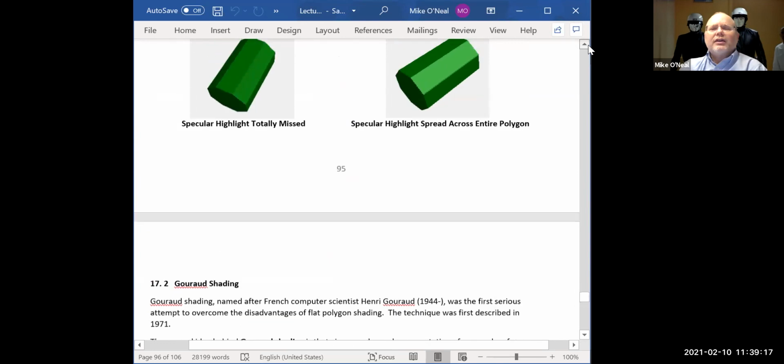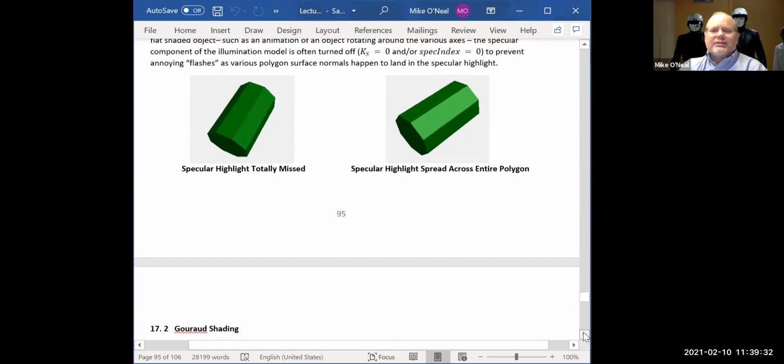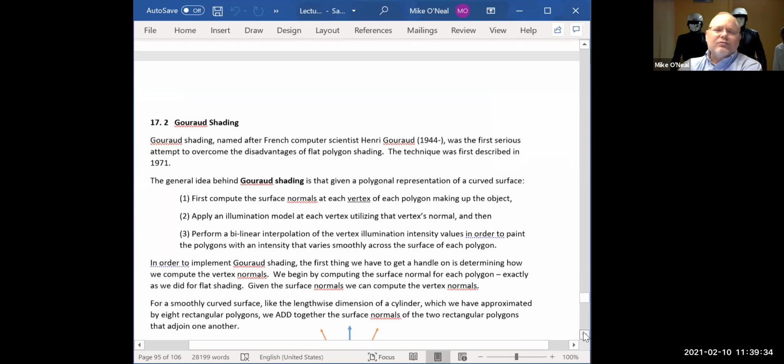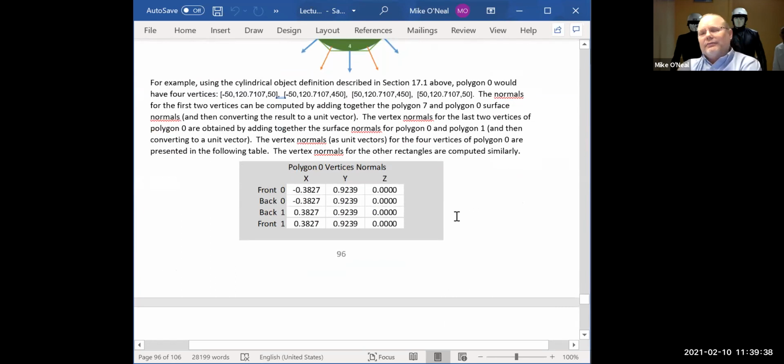As you go around the edge, this surface normal will always be equal to this surface normal, and this surface normal will always be equal to this surface normal. They don't change along an edge here. And you can actually see that since I give you the numbers for one particular polygon here.